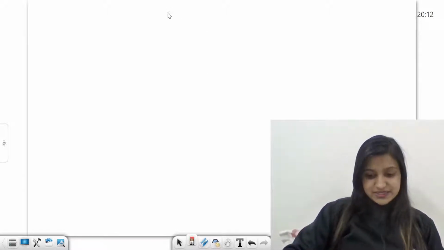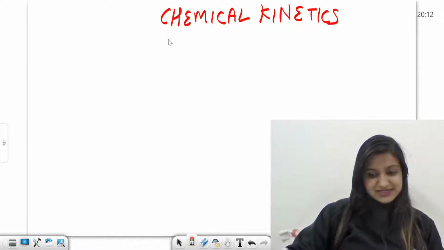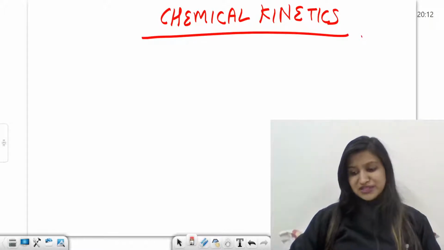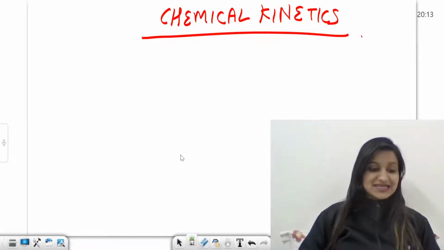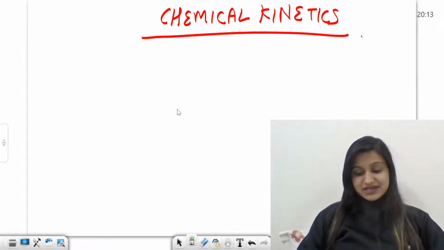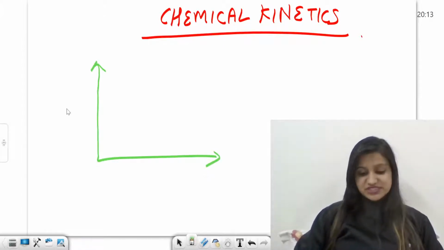So this is your chemical kinetics. If we look at the graph, we didn't do the graph in the previous class. So if we look at the graph, graph of what? Concentration over time.